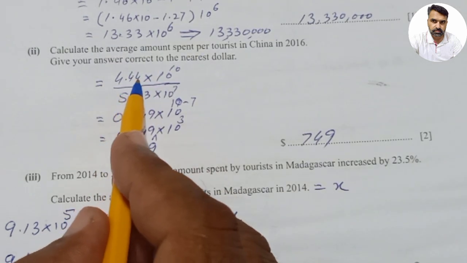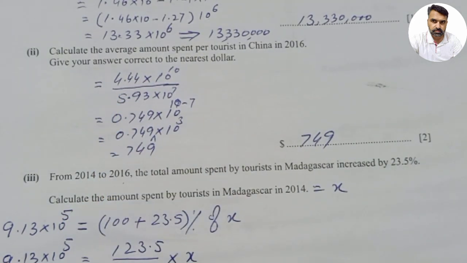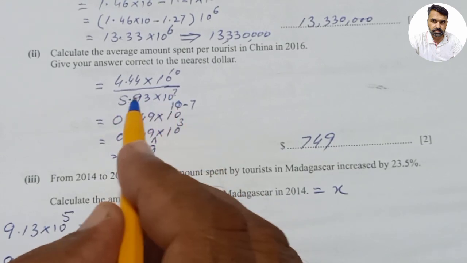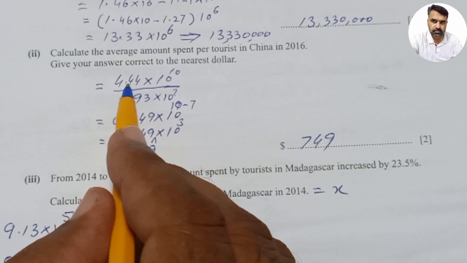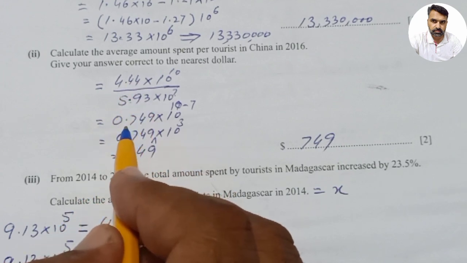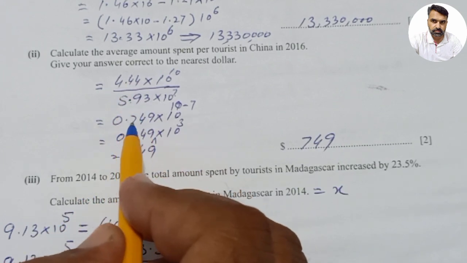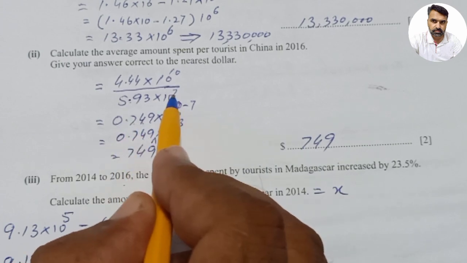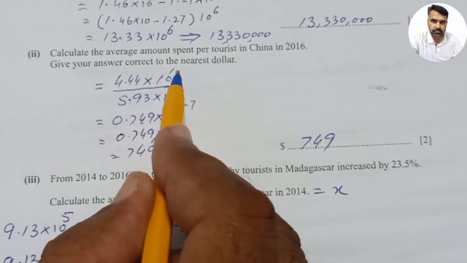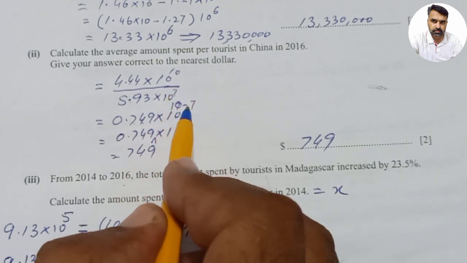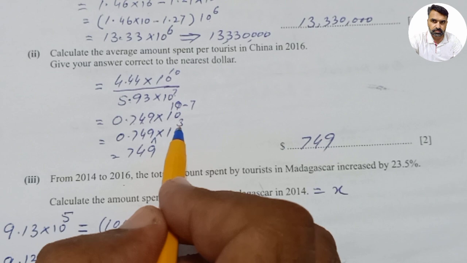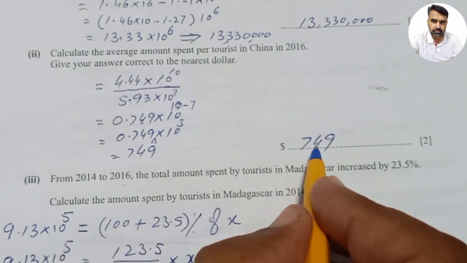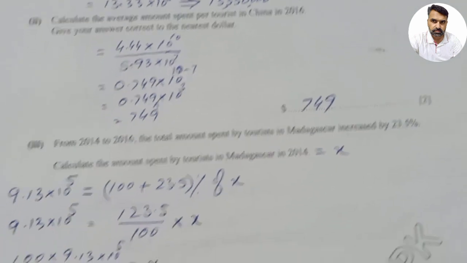We will divide 4.44 by 5.93 and the answer is 0.749, and when we transfer the power of 10, the exponent is 10 minus 7, that is 3, and we move the decimal point 3 digits to the right, and the answer is $749 per visitor spent in China.